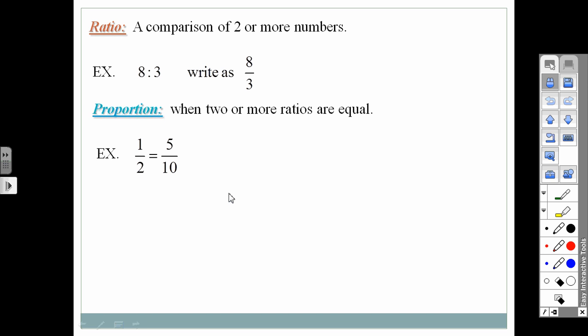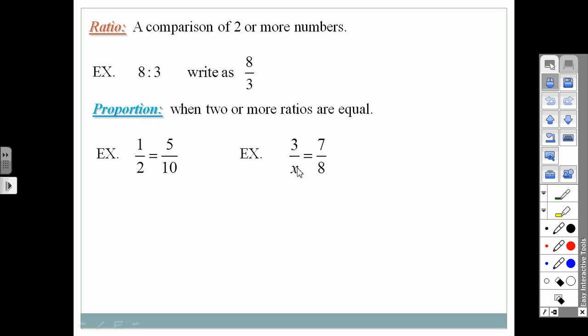So what can we do with proportions? Well, proportions are usually used with problems where you're trying to solve for a specific missing variable. For example, what if I had this proportion? I had 3 is to x as 7 is to 8, and we want to figure out what x is. So once you set up this proportion, if you recall from your basic math classes that you've had, we can cross multiply.